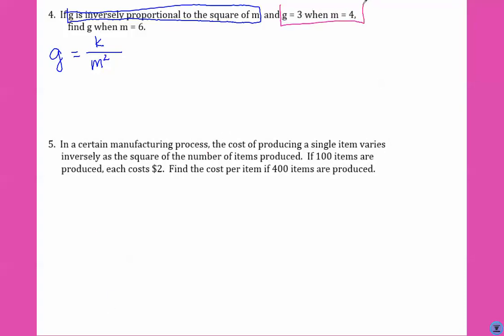So that's where the g equals 3 when m equals 4 comes in. 3 equals k over 4 squared. To solve, we'll multiply both sides by 4 squared. We get that k equals 48. Rewrite our equation.